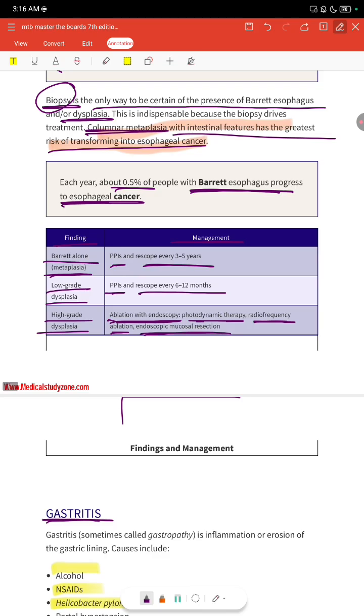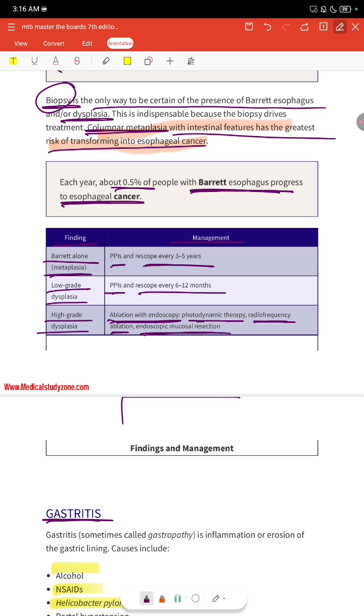Let's revise this management plan once again. What did we discuss? These are the findings, and along with them is the management given accordingly.